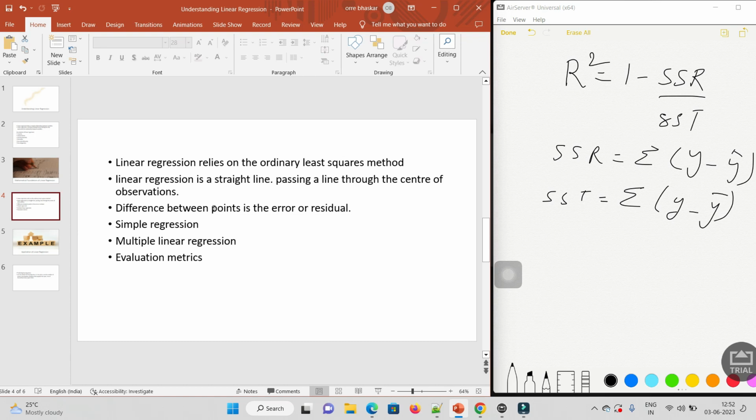So, what is the conclusion? R square is a measure of how well the independent variables explain the variation in the dependent variable in the regression model. A higher R square indicates a better fit, but it should be interpreted in conjunction with other evaluation metrics.